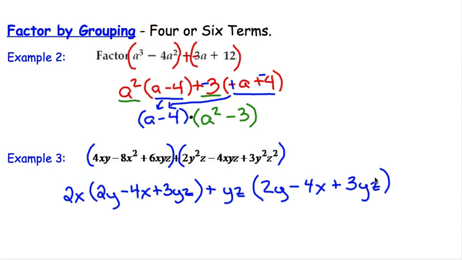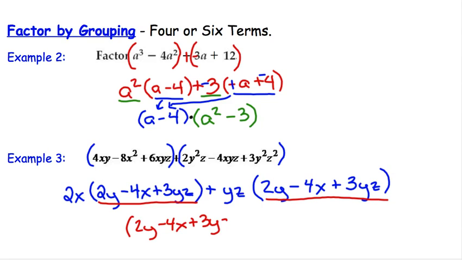Now, we're going to compare the two things that we have in parentheses. 2y minus 4x plus 3yz. 2y minus 4x plus 3yz. Those two are the same, so I'm going to write that set of parentheses down. 2y minus 4x plus 3yz.